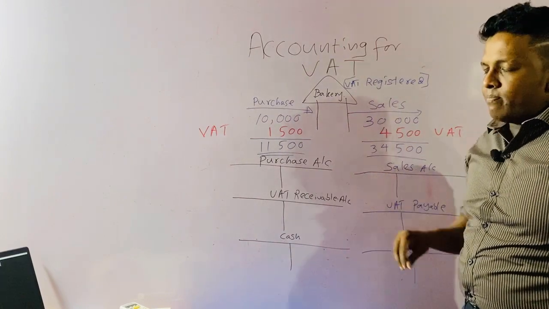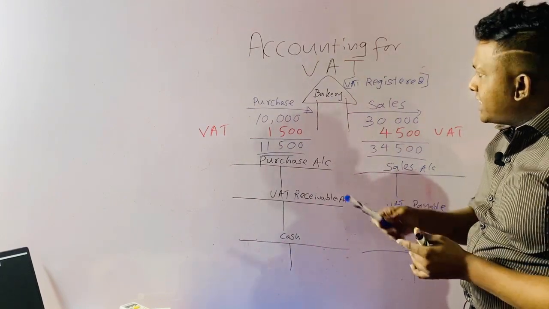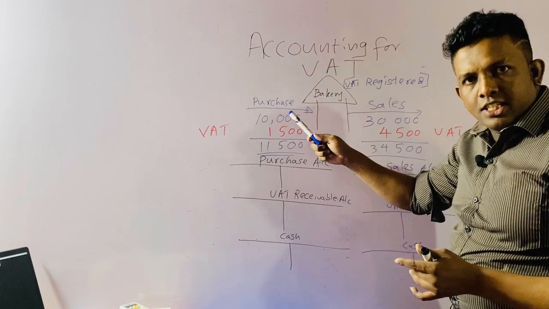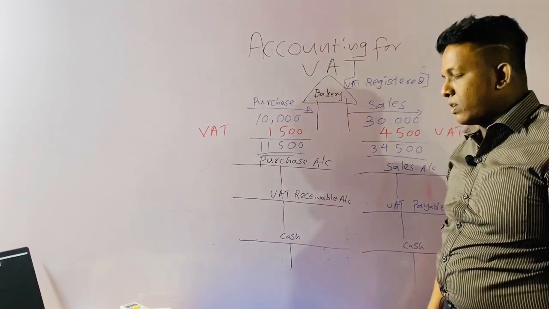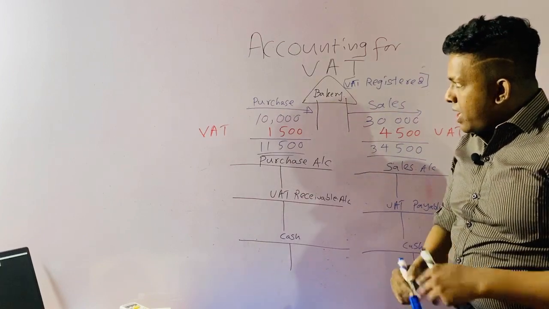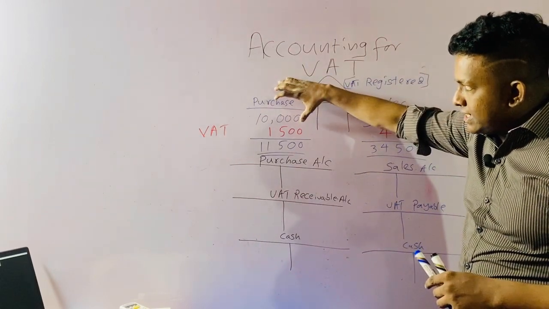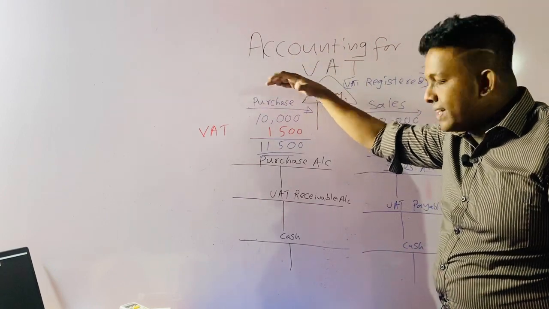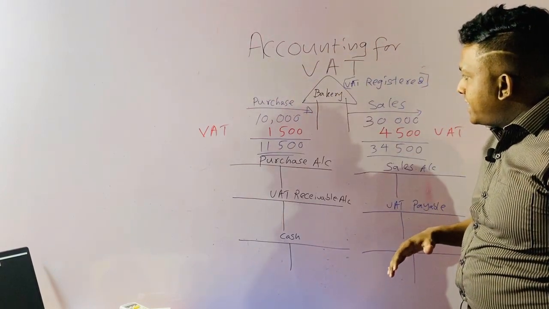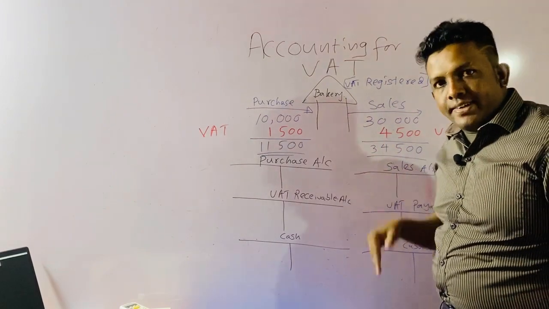Let's assume they have purchased materials worth 10,000 rupees. Using this 10,000 worth of purchases, they are producing bread.